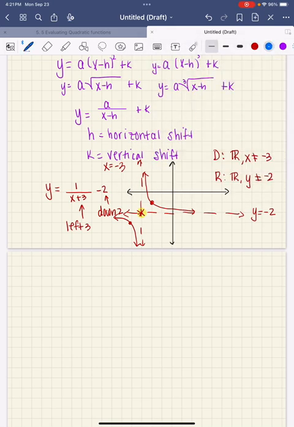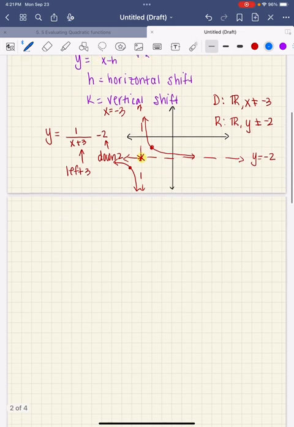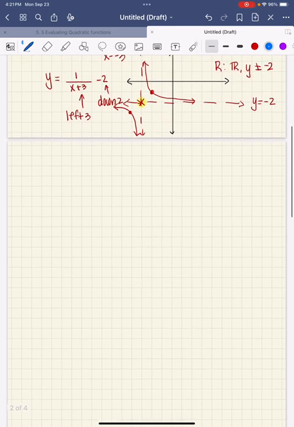All right, what happens if there's an a value? Okay, so here we go. Let's do something like y equals negative 3 over x minus 1, plus 4.